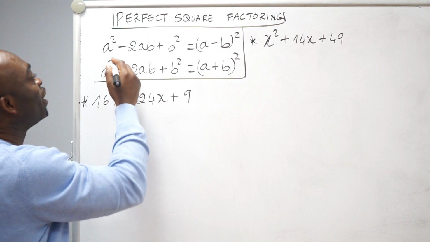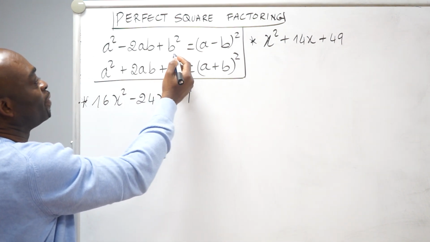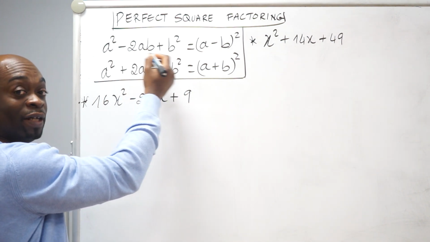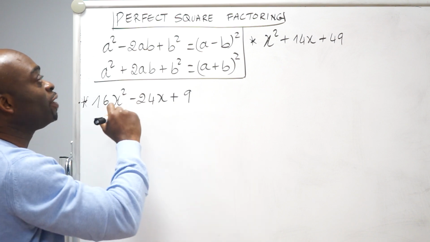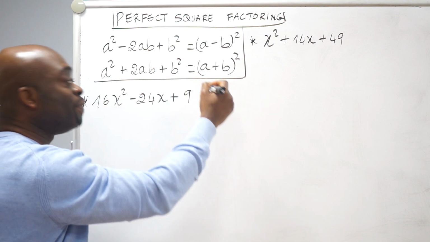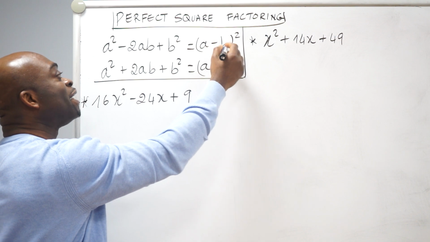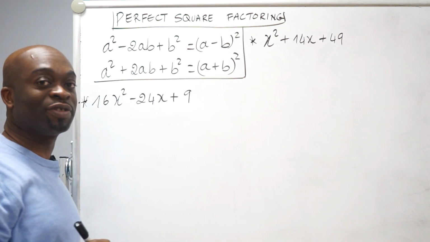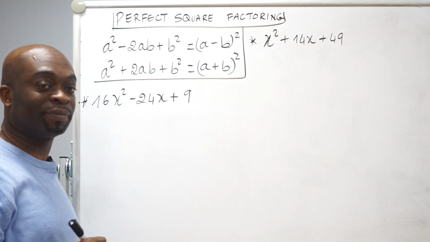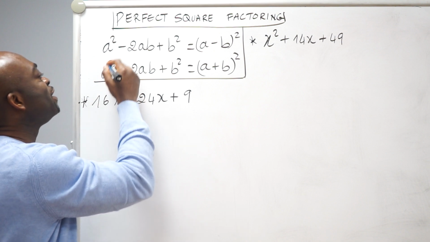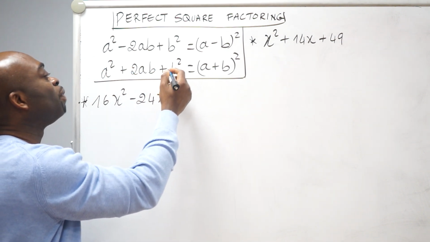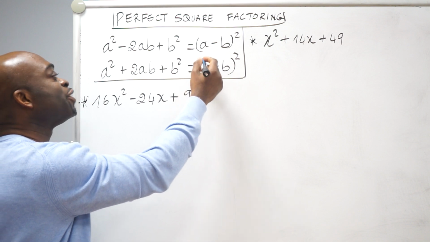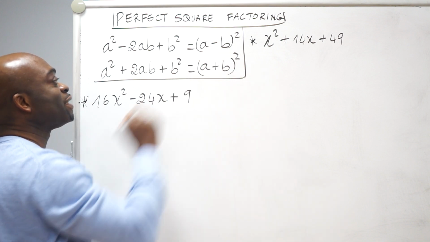Okay, so if your problem is written in this format, a squared minus 2ab plus b squared, your final answer will be written as a minus b, then raised to the second power, both of them. And if it is a squared plus 2ab, that means 2a times b, plus b squared, it is equal then to a plus b in parentheses squared.